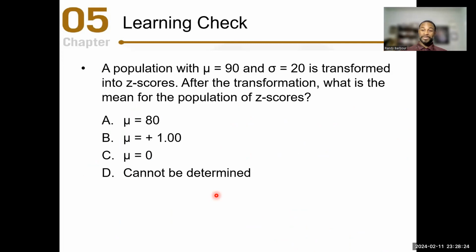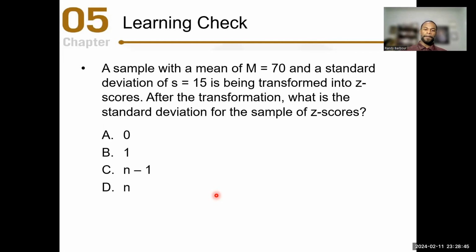You had two statements that were always going to be the case. So for this example, you should have gotten C, because when you transform your scores to z-scores, they will always have a mean of 0 and a standard deviation of 1.